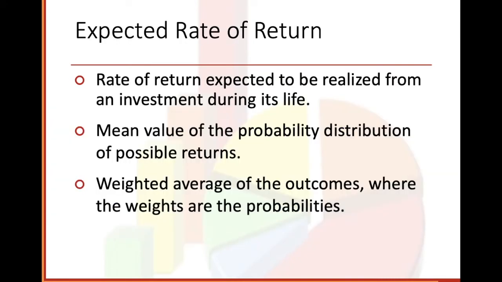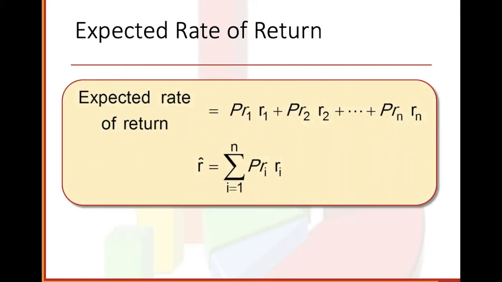Expected rate of return: the rate of return expected to be realized from an investment during its life. It's the mean value of the probability distribution of possible returns, a weighted average of the outcomes where the weights are the probabilities. So here's expected rate of return.